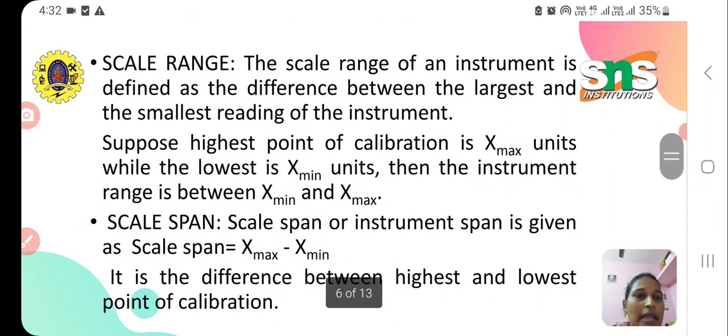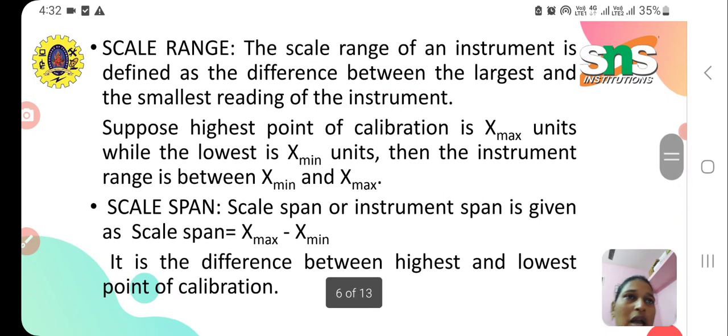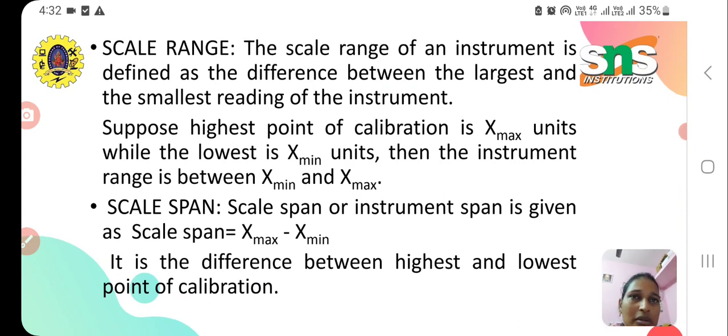Next, scale range. Scale range for an instrument is defined as the difference between the largest and the smallest reading of an instrument. For example, if you see a milliammeter, the range of the scale that you see on the dial, if it is a 500 milliamp ammeter, will be from 0 to 500 milliamps. So that is the scale range.